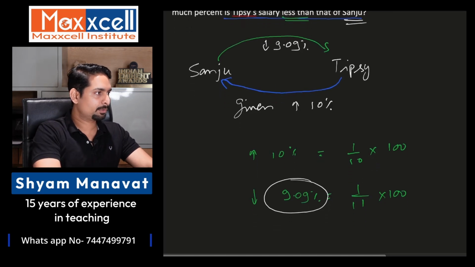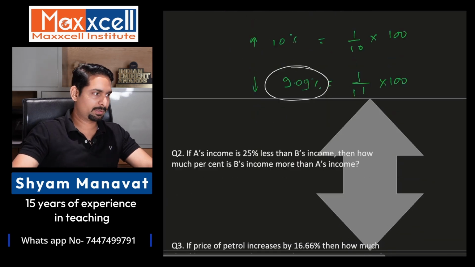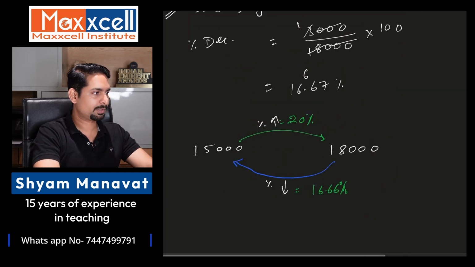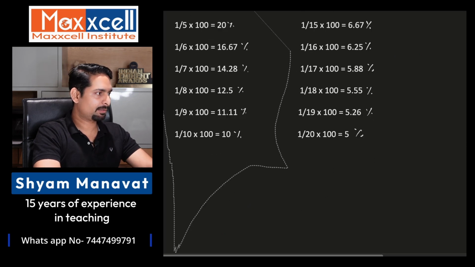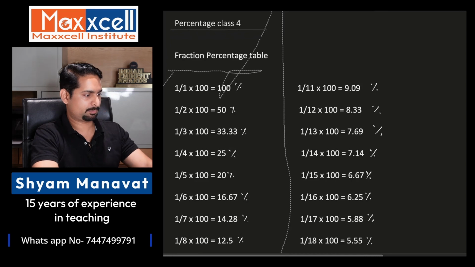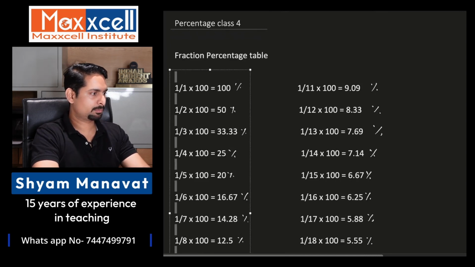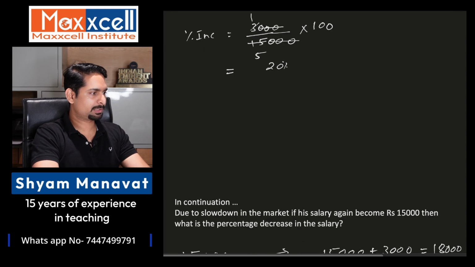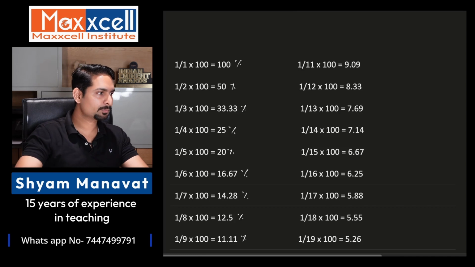Let me revise this for you. Let me show this once again with the help of the table. Here is a table. So after these two examples, let's understand this table once again. I will take a small sample size here and try to explain this once more. Okay. So what do you see?